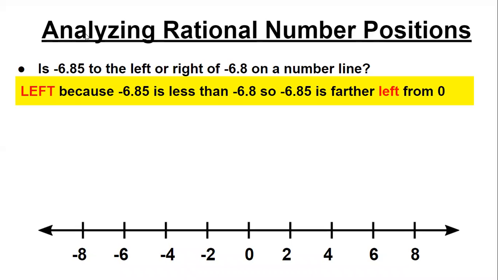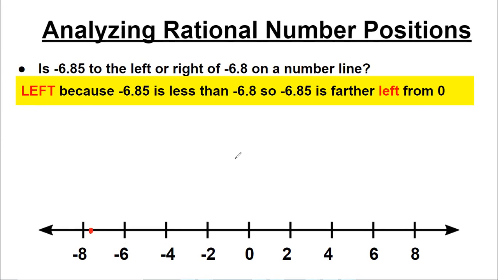So let's do that. Negative 6.85, we're going to go past the negative 6. Negative 6.5 would be right in the center. So negative 6.85 is probably going to be somewhere over here. Negative 6.8 isn't quite as far, is it? It's right next to it, but not quite as far. So negative 6.85 is farther away than negative 6.8.